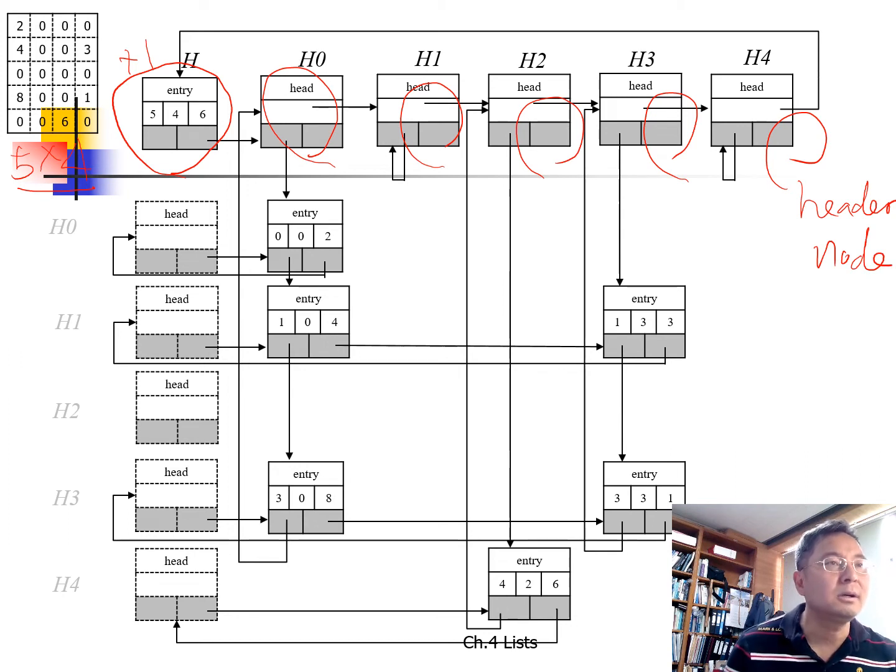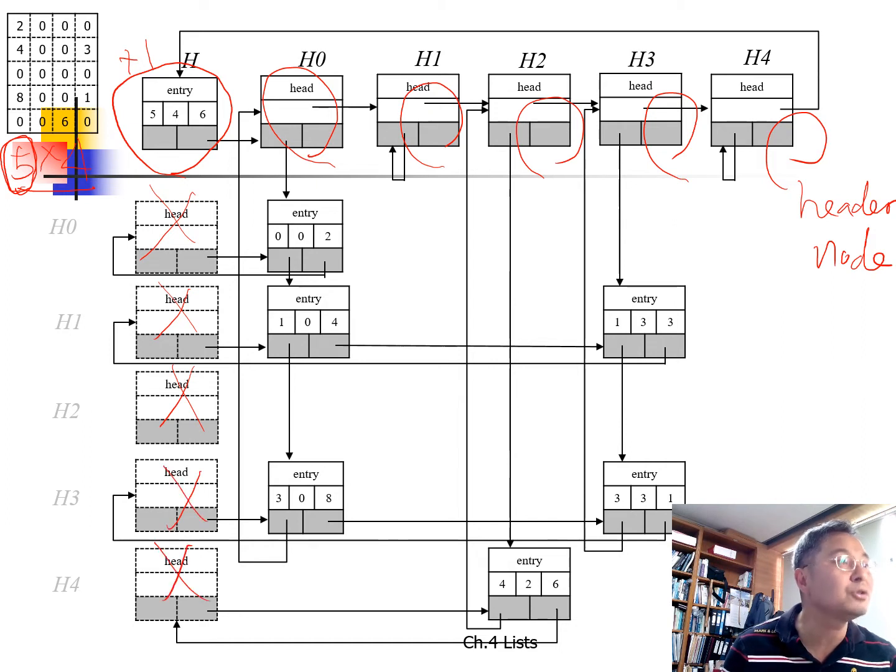Okay, so how many header nodes are used here? So 5. The total header nodes is 5 because in the original sparse matrix the maximum number of rows and columns is 5. But you can see this one also, but this is non-existing.